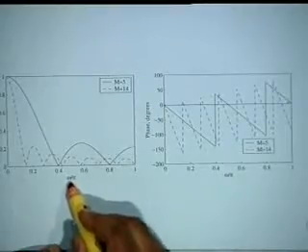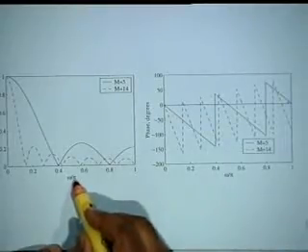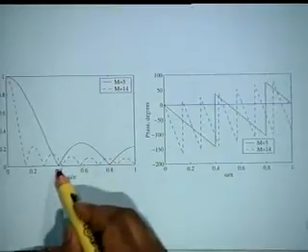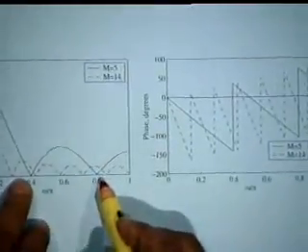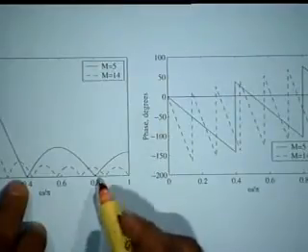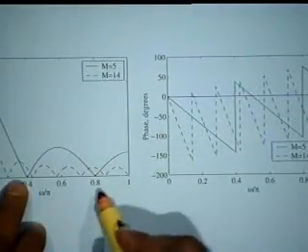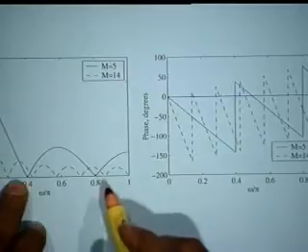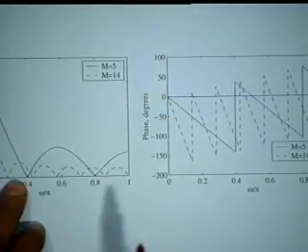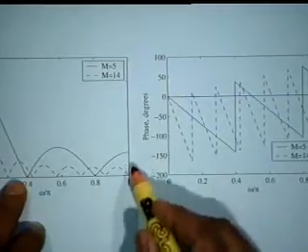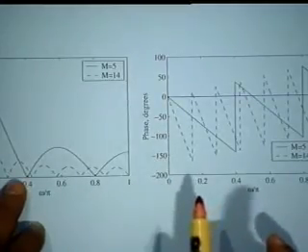The axis here, the x axis, is ω by pi. So it occurs at 0.4. The next one shall occur at 0.8. There are only two transitions here, because 5 by 2 is 2.5 and the integer closest to it is 2. The next one is pi at 1. There is no more transition.